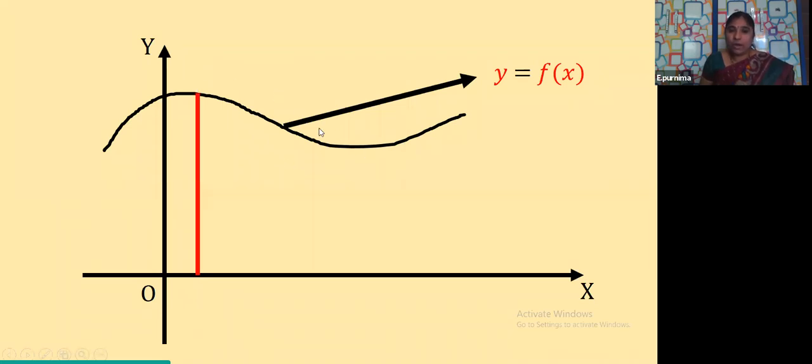Only some part of the curve I am taking, children. It can be drawn continuously, on and on like this. Only some part I am showing here to understand it clearly. Along this curve I am taking a point here, and another point here, which is taken as B. Some part of the curve I am taking, from point A to point B. It is only for your understanding, children.